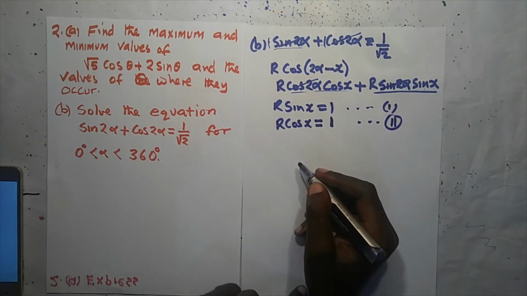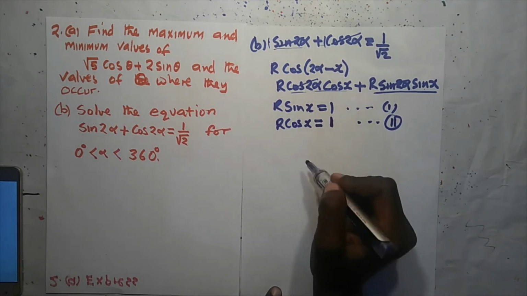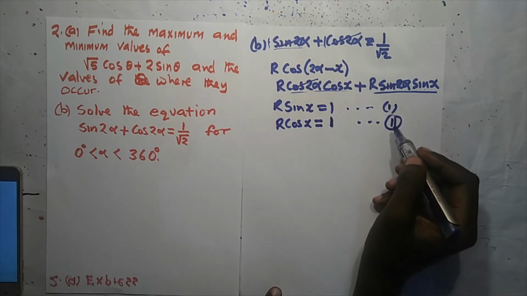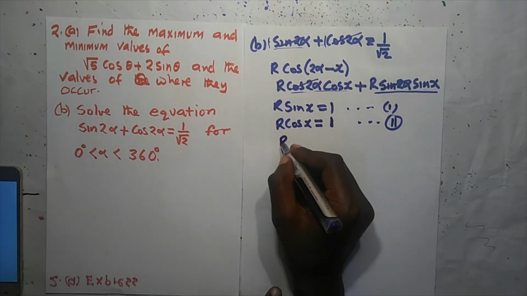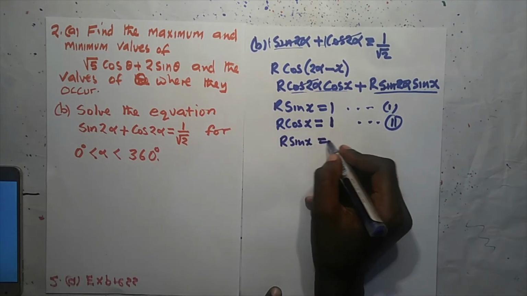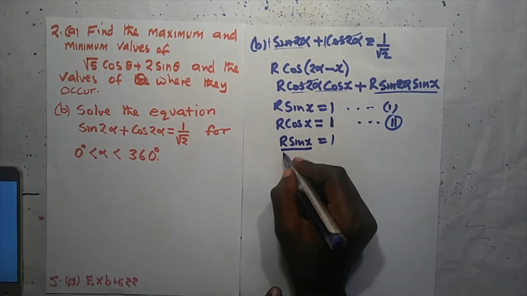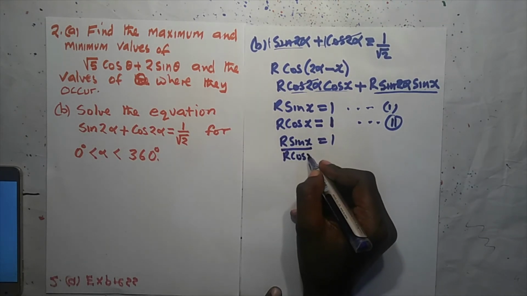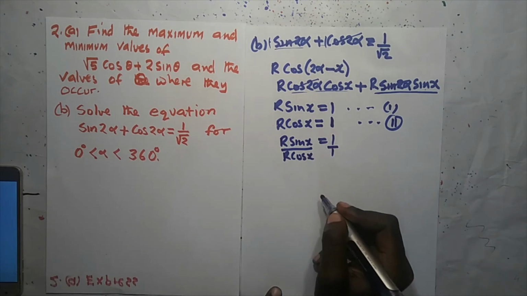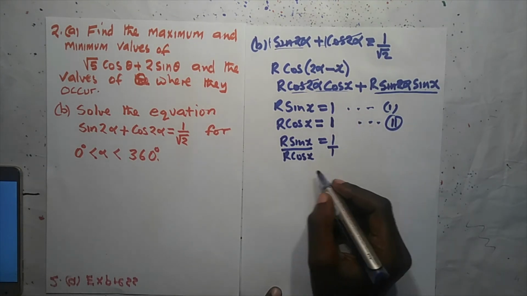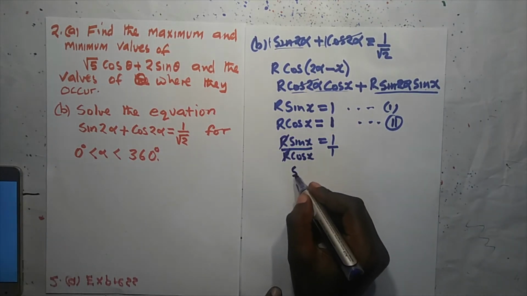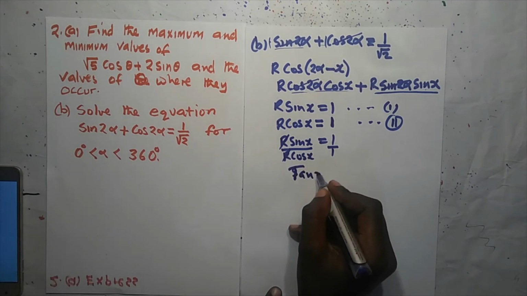So now we are going to find our x here by dividing these two equations. We'll divide the first equation over the second one. So we are going to have r sine x over r cos x is equal to 1 over 1 here also. So these two ones here, we divide them. So the r will cancel out, and we'll remain with tan x.